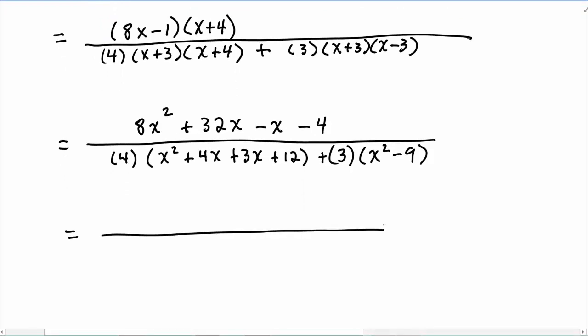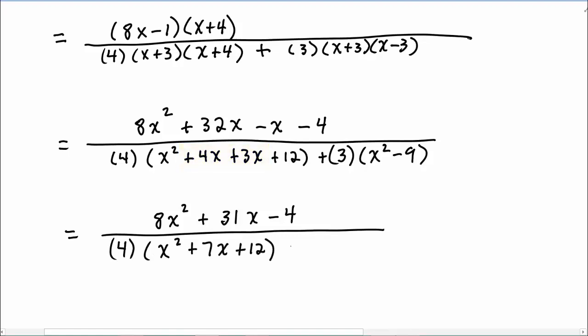We combine like terms in the numerator, and we have 8x squared plus 31x minus 4. In the denominator, we have 4 times x squared plus 7x plus 12 plus 3 times x squared minus 9.